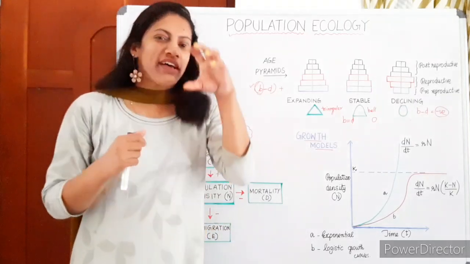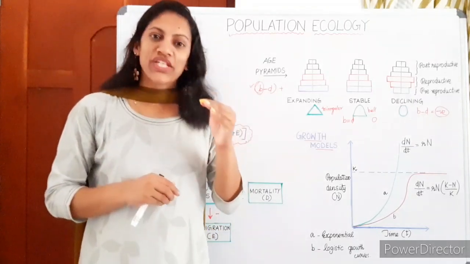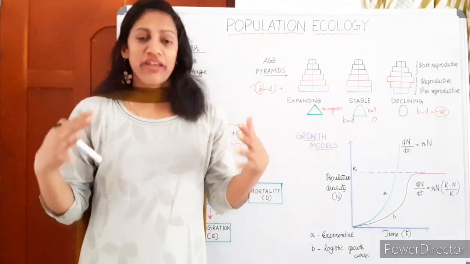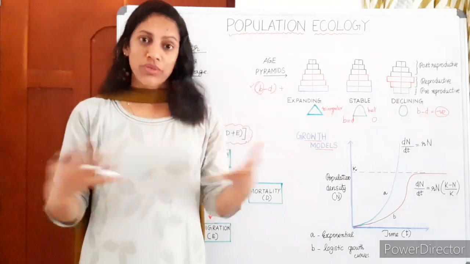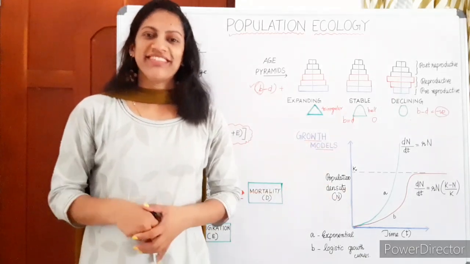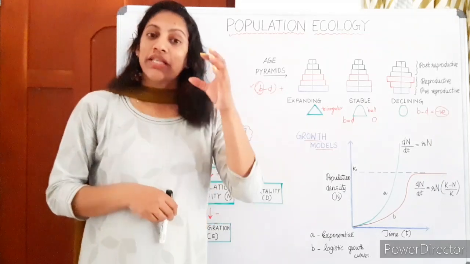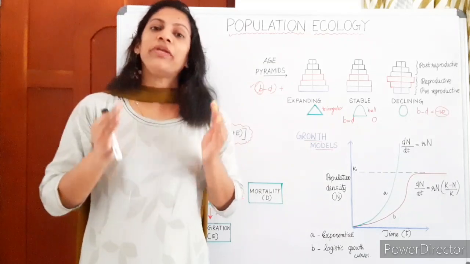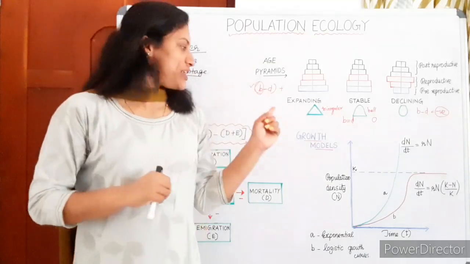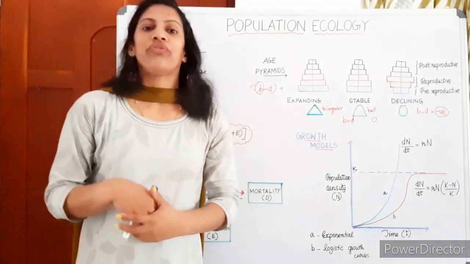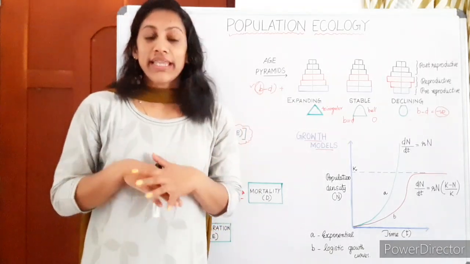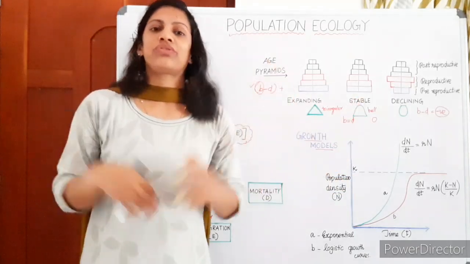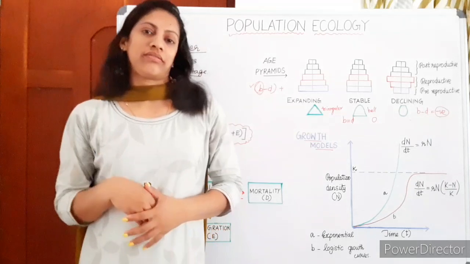Then let's discuss a small, very important concept, population growth models. Do you think the population shows a definite growth pattern, or does it grow in an indefinite pattern? Usually we can say any type of population follows a definite pattern of growth that we represent as growth models. Some organisms in nature, when there is an unlimited supply of resources, grow unimpeded.